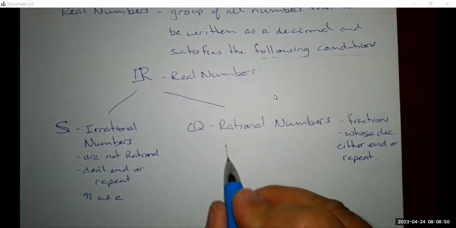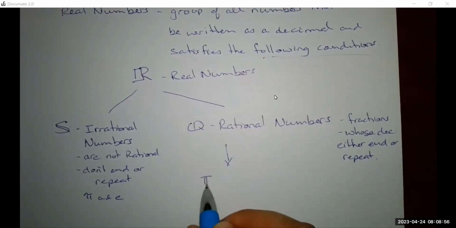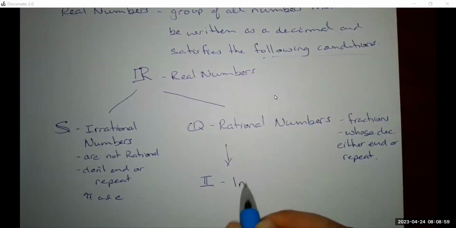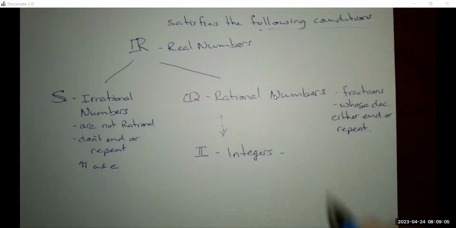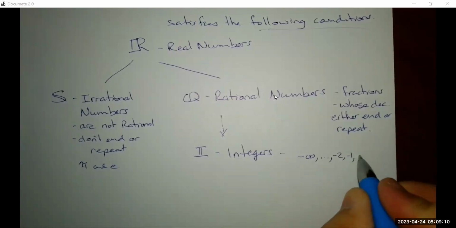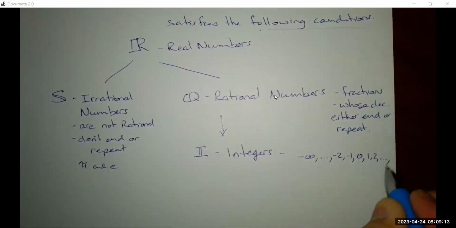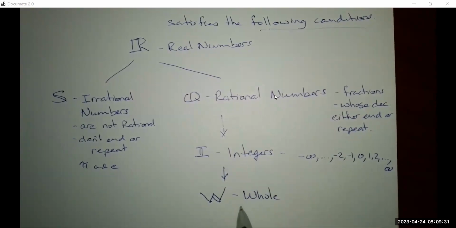Now, under rationals, you have the I, which stands for the integers. Remember, integers are all the negative numbers, 0, and all the positive numbers, from negative infinity to positive infinity. Those came from the group of whole numbers.